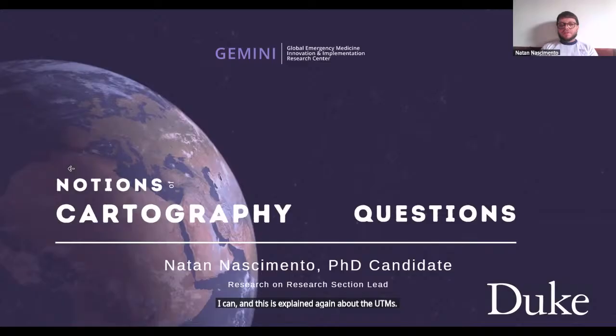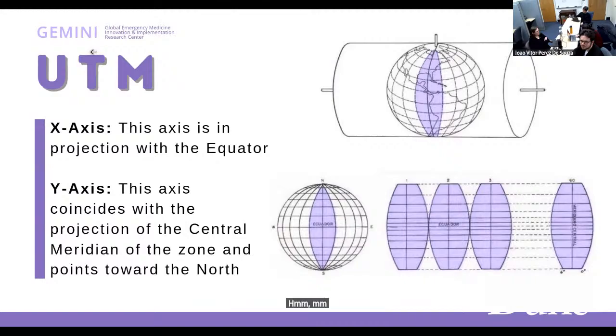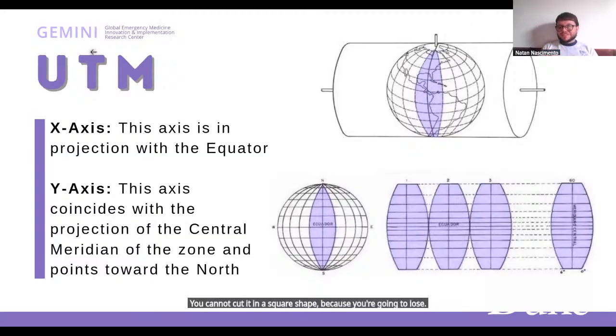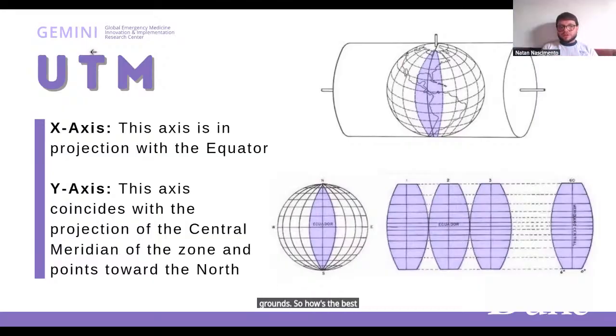So think of a paper model of the Earth, like a sphere. This paper model, you want it to be flat. How will you cut it? You cannot cut it in a square shape because you're going to lose ground. So what's the best way to do it?